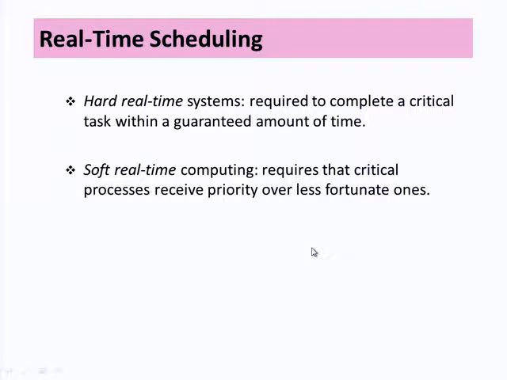Jitter basically is the variation of latencies. The variation of what? Latencies. And we need this to be almost zero for hard real-time systems.